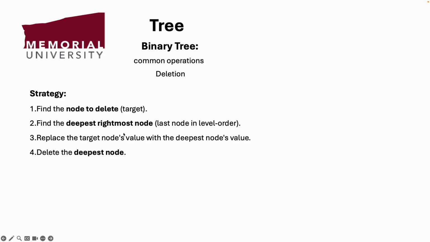In practice, either way, as long as you can find the right node, the order of these first two steps doesn't matter. Third, replace the target node value with the deepest node value. And then we delete the deepest rightmost node. So this is the strategy of deletion in the binary tree.